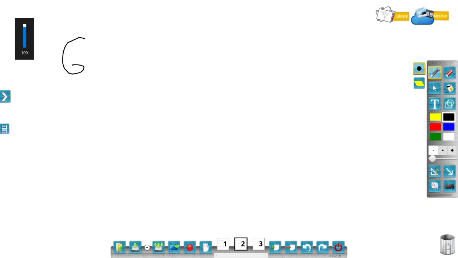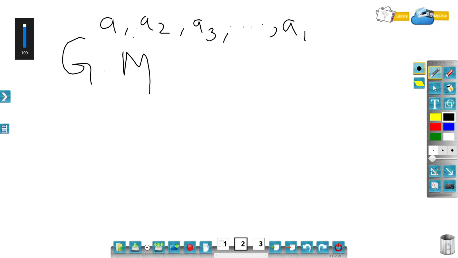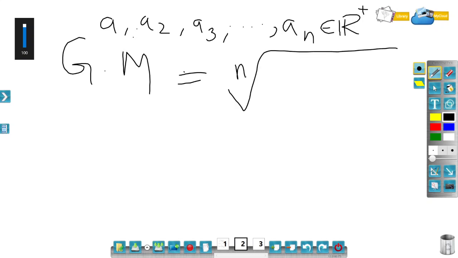And for the geometric mean, note that the real numbers a1, a2, ..., an must be positive real numbers. If they belong to R plus, then the geometric mean is equal to the nth root of a1 a2 ... an.